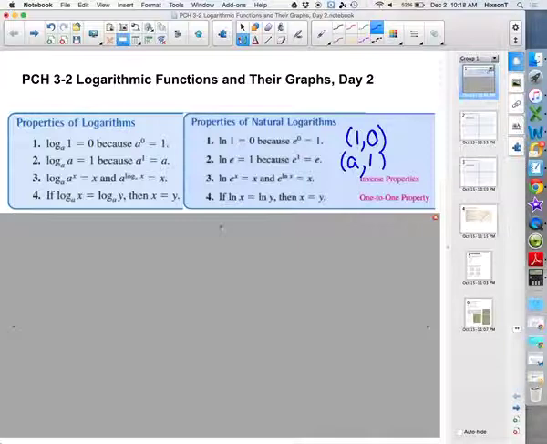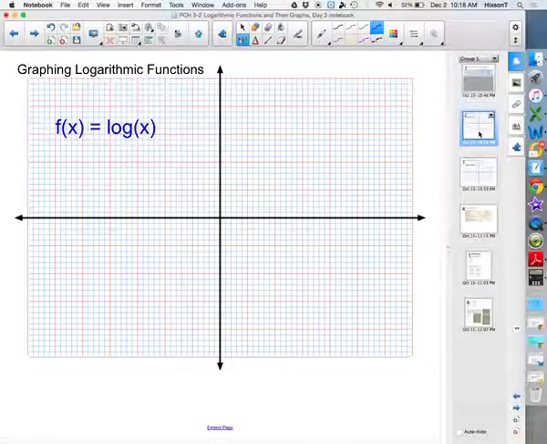Okay? So let's actually use that to graph the log of x. F of x is the log of x. I'm going to change the scale a little bit on my y-axis. I'll leave the x-axis the same. But what's 1 point on our function log of x? 1, 0.